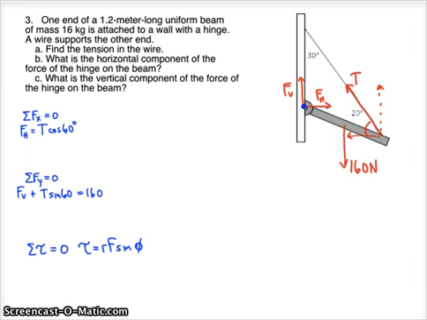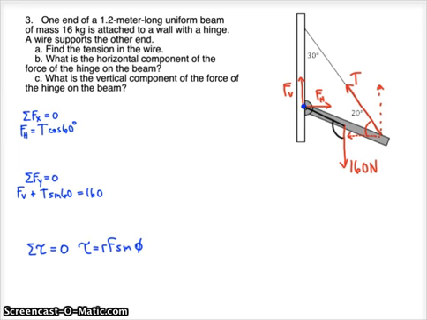We need to know how far that weight force is acting compared to our pivot. And then we'll also need to know how big of an angle there is between the bar and the weight force. Finding that angle that's drawn in black here is going to help us find the component of that 160 that points perpendicular to the beam.